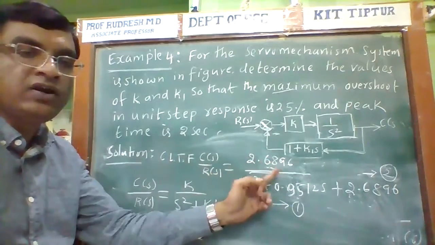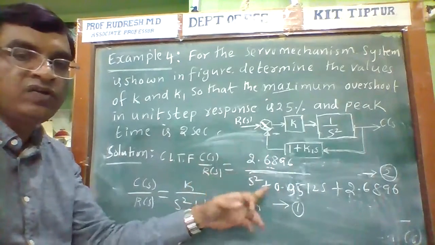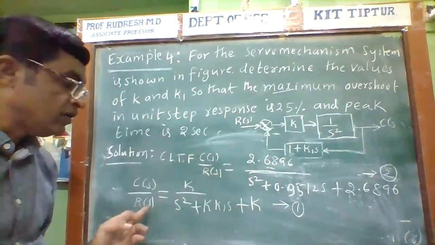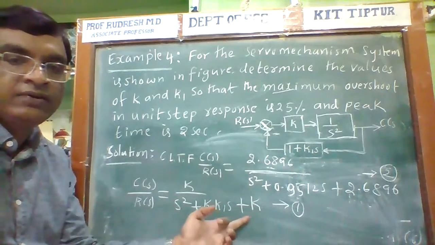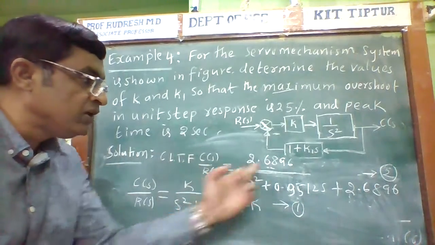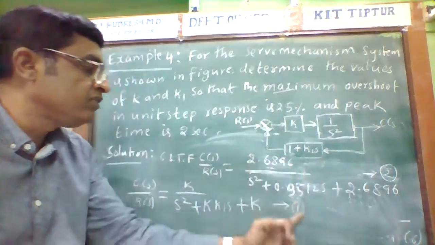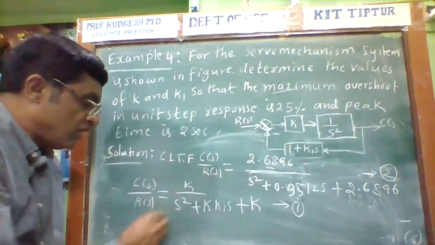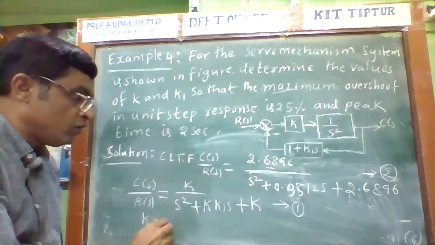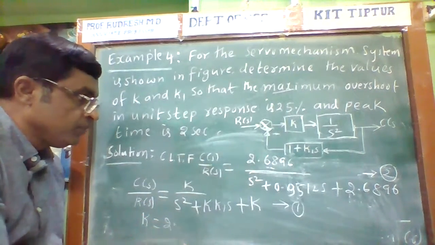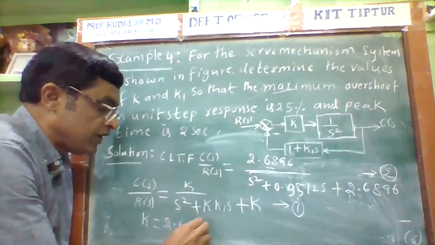After calculating zeta and omega n values, we substitute them in the standard equation. This is the standard equation, and this equation we have derived earlier. Therefore, by comparing equations 1 and 2, what is the value of K? K is equal to 2.6896.